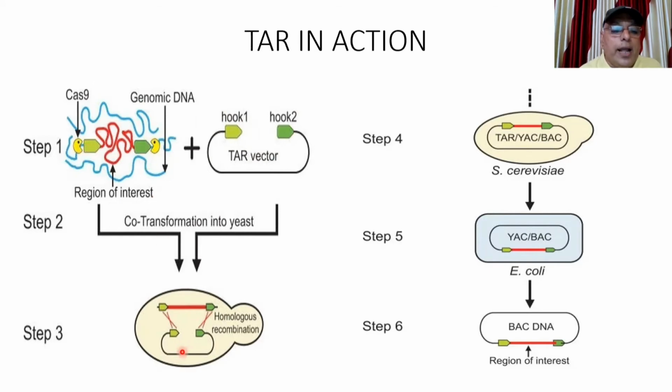So you see here that when TAR has been introduced into the system, co-transformation takes place. Recombination takes place at this end, and this stretch of the DNA which was to be transferred has been extricated here, and you can see this TAR, YAC or BAC plus the desired stretch of the DNA.